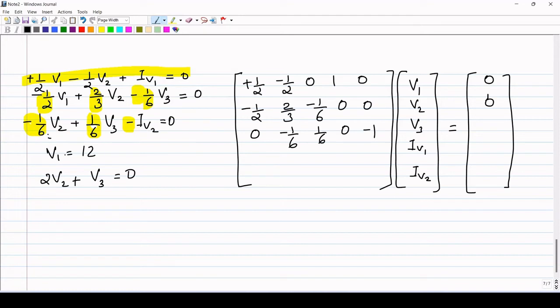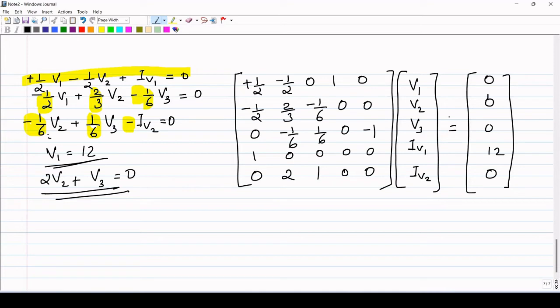Then coming to fourth equation, that is V1 equal to 12. So it is 1, 0, 0, 0 equal to 12. Then on the last equation, that is 2V2 plus V3 equal to 0. So we got all the equations.